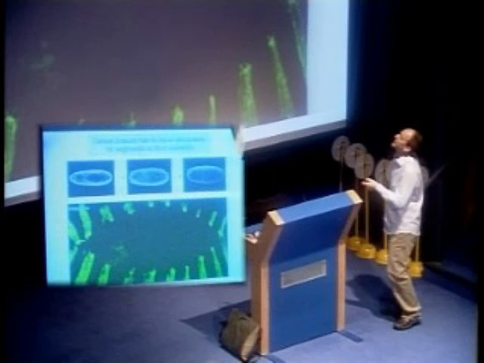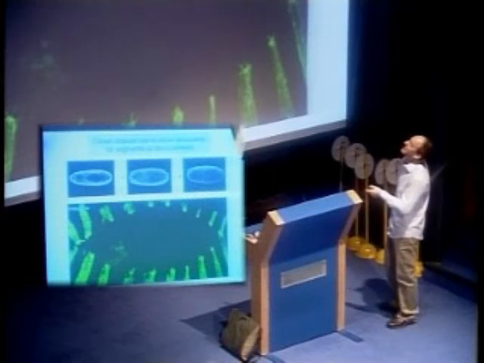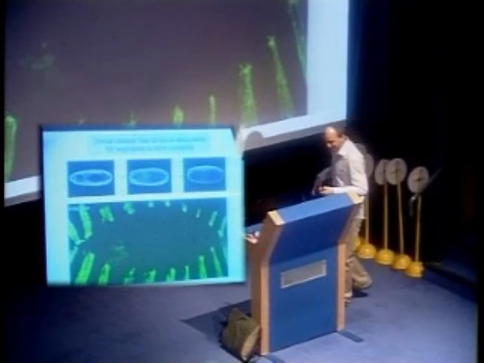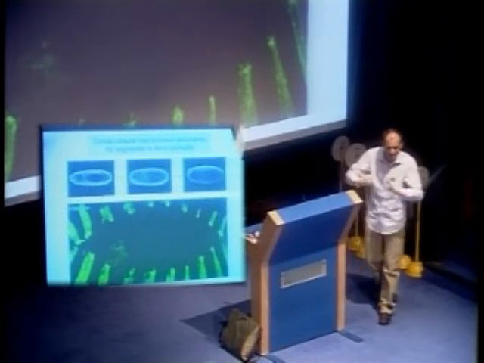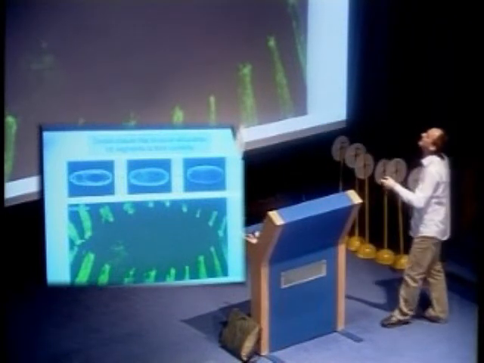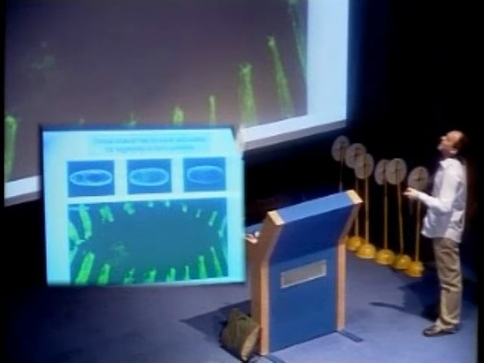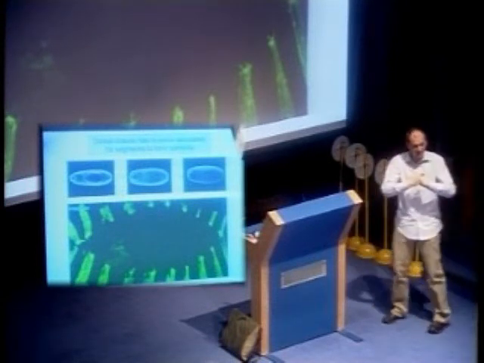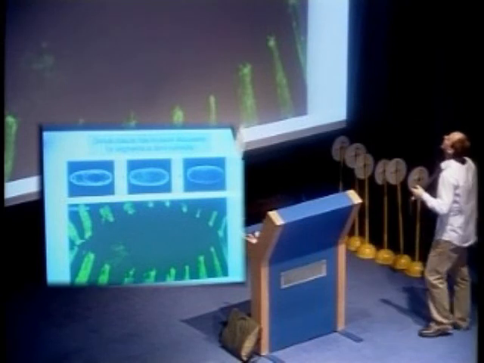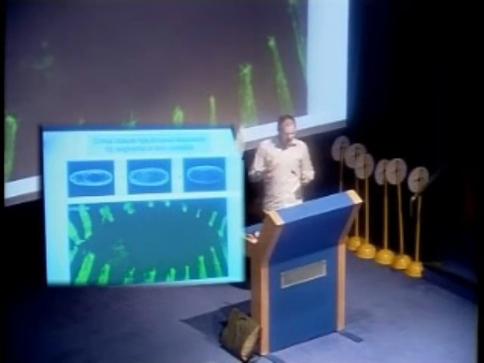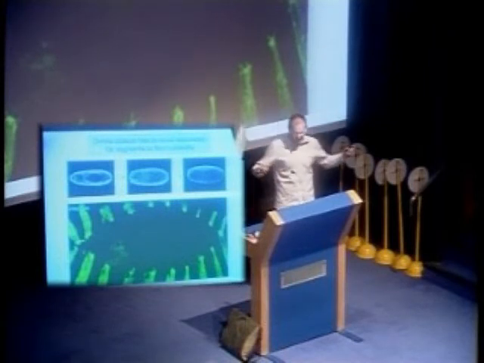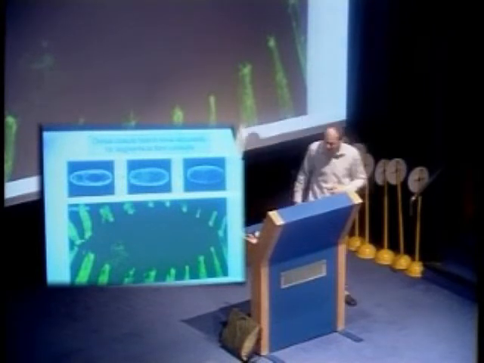And actually these segments form before dorsal closure, so we can see this embryo here also has these segments. So this presents the embryo with a bit of a problem, because it means that when it brings the two bits of skin together, it has to bring them together absolutely perfectly. Otherwise, the segments on one side won't match the segments on the other, and you'll end up with a kind of misshapen larva. So I was interested in trying to understand how it closes this hole just quite so accurately.